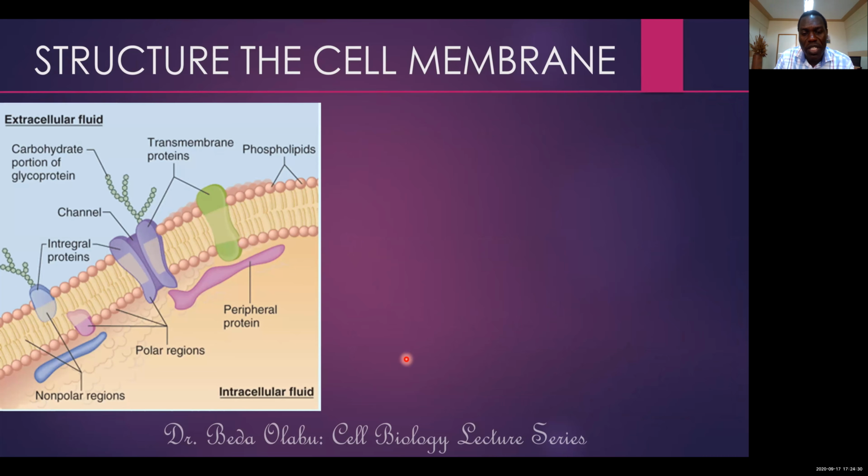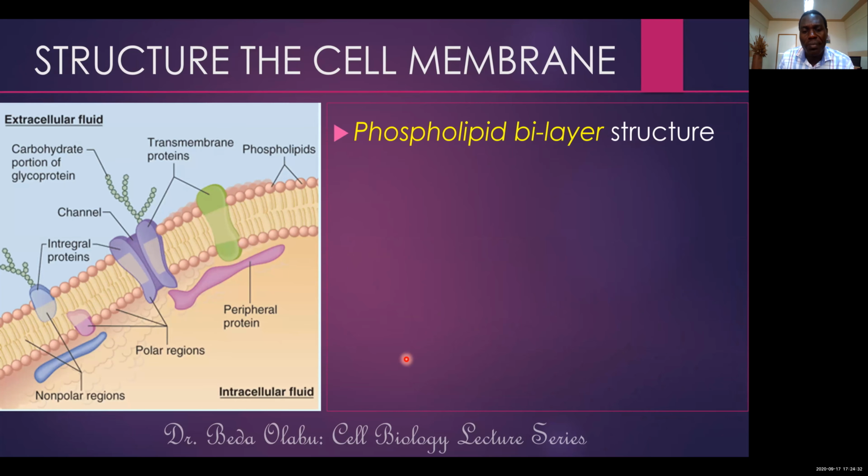What is the basic structure of the cell membrane? Let's go slowly here. The cell membrane is described as being a phospholipid bilayer structure. What does that mean? It means that you have 2 layers of phospholipid. A phospholipid is something with a phosphate group, those rounded knobs, and a fatty acid chain, those 2 strings.